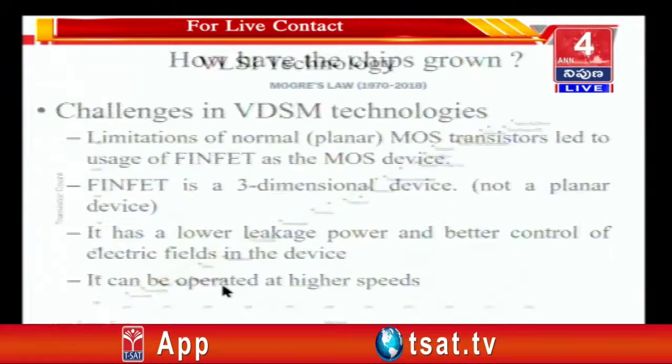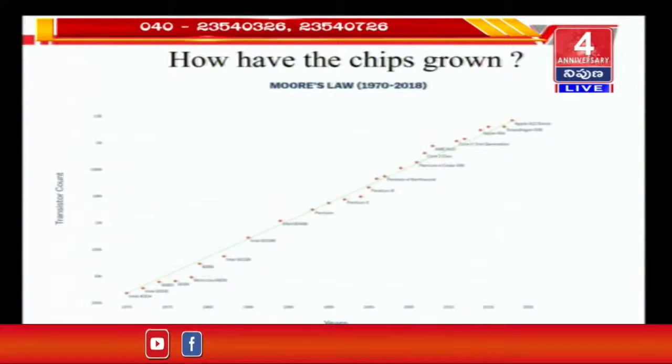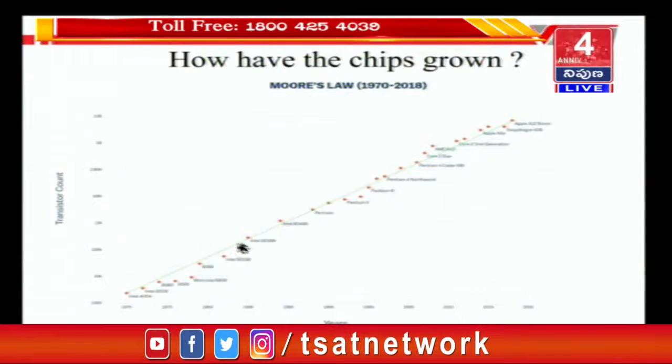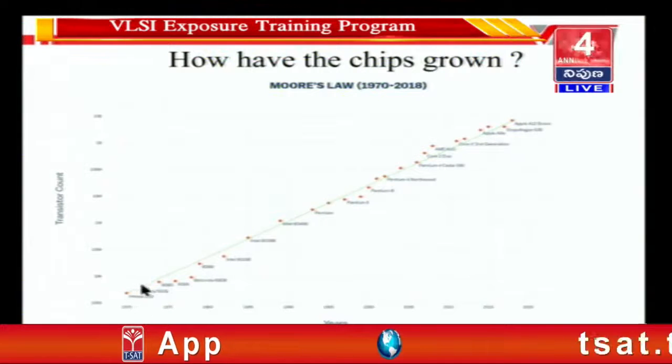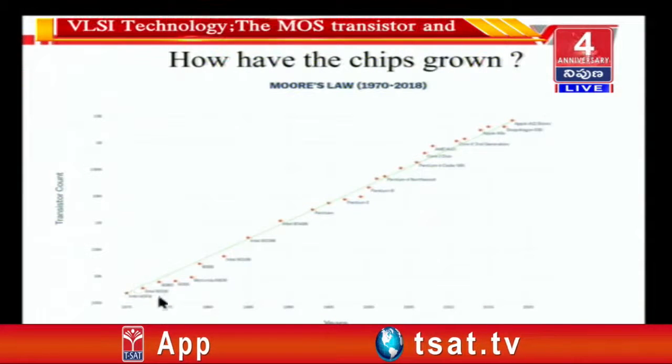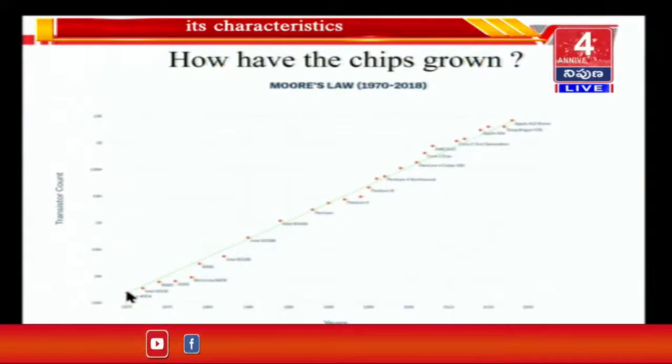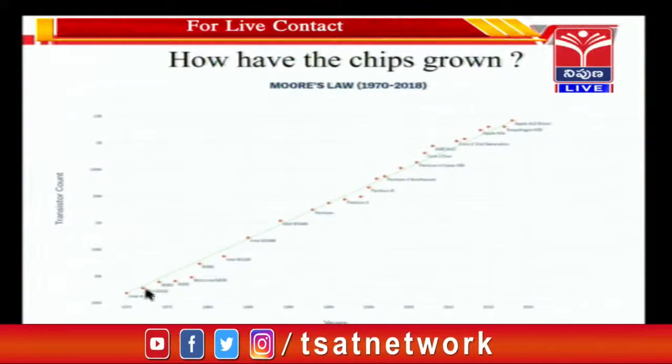Let's see, this might not show you much, but the chips have grown basically as per Moore's law. I can tell you that this is the Intel 4004 over here. Some of you who are observing this on the TV may not be able to read this properly, because I have picked up this figure. This is not a figure that I have made, this figure I have just taken.